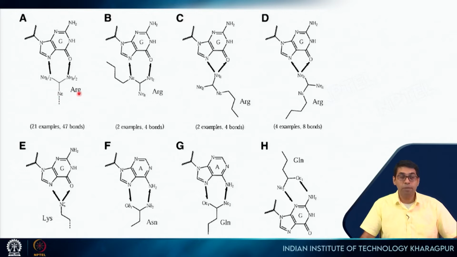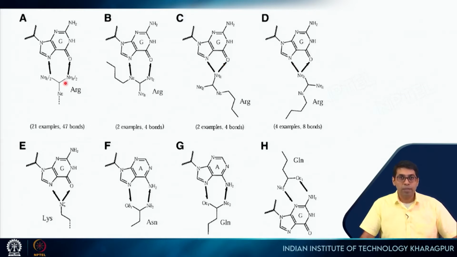So this is the guanidium moiety of arginine side chain, and this is a hydrogen bond donor, so the H is here and these are the hydrogen bond acceptors. So we can have a different orientation of the side chain. We can have one NH2 group forming hydrogen bonds with both. There are 2 hydrogens, so each of those can act as a hydrogen bond donor, and similarly shown here.